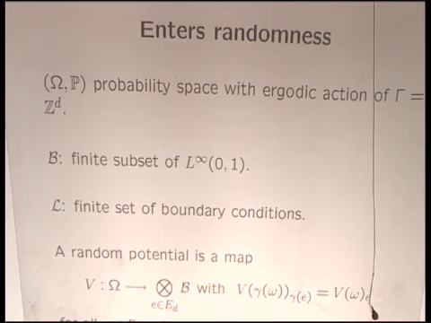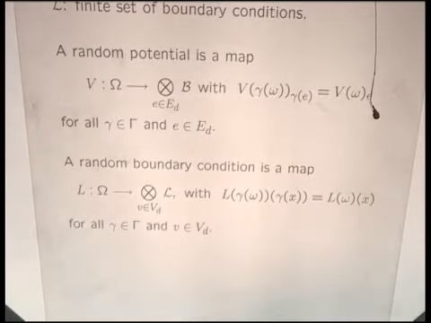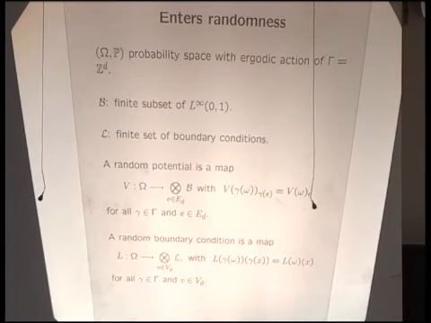So each edge gets a potential, and it should be invariant. Namely, if I shift omega by gamma, where gamma is an element of the translation group Z^d, or I could actually also speak about the automorphism group, and if I shift both omega and the edge, then I don't get anything new. So I get V_omega of the edge. And the same with the random boundary condition. So for each vertex, I get a boundary condition. If I shift everything, it remains the same.